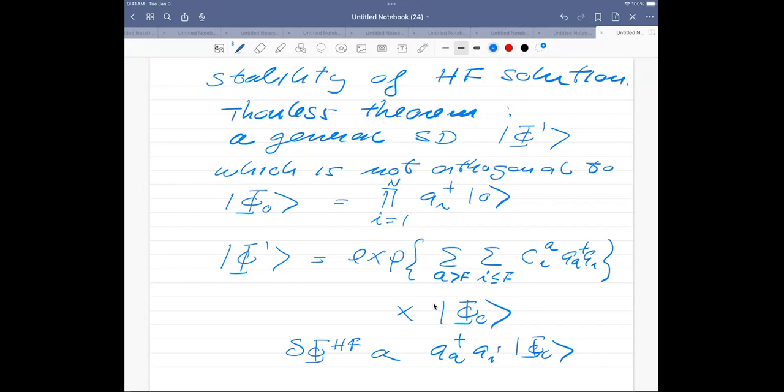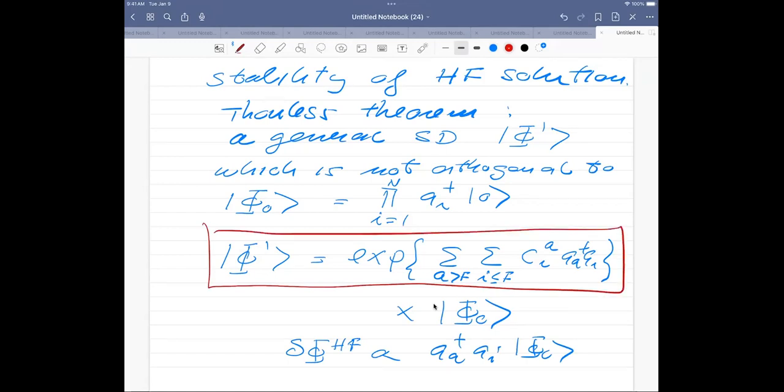Now, Thouless' theorem says that you can rewrite a Slater determinant in this more general way. And next week, we are going to prove that. And we need this to show the stability of the Hartree-Fock equations.